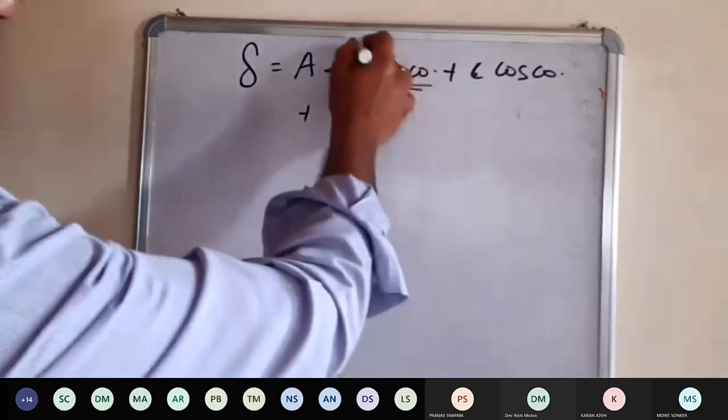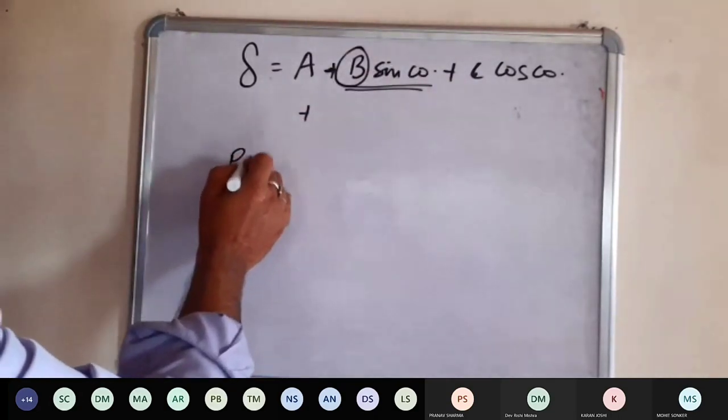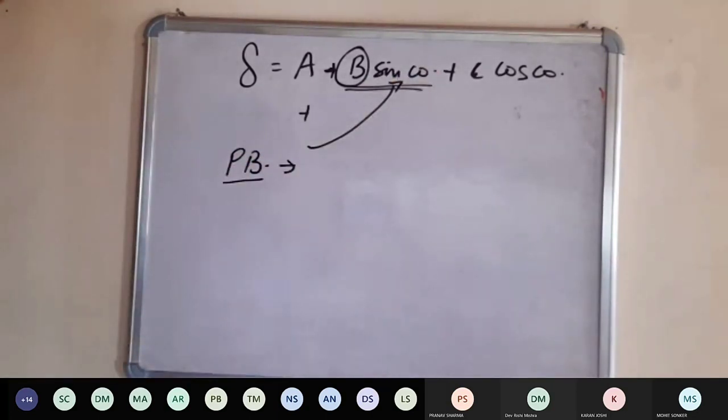We are concerned right now with this. Permanent B में, did we see that it is related to sine of the course? 0 पे 0, 90 पे maximum. Yes, sir. Sine cos.